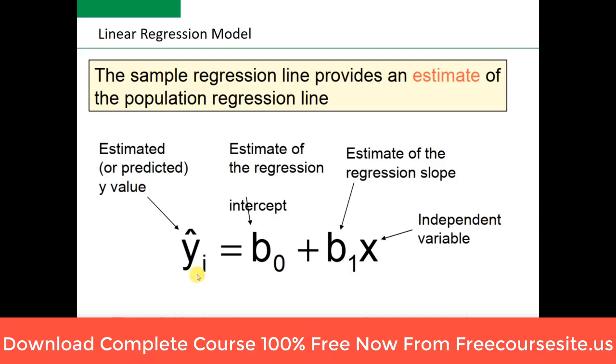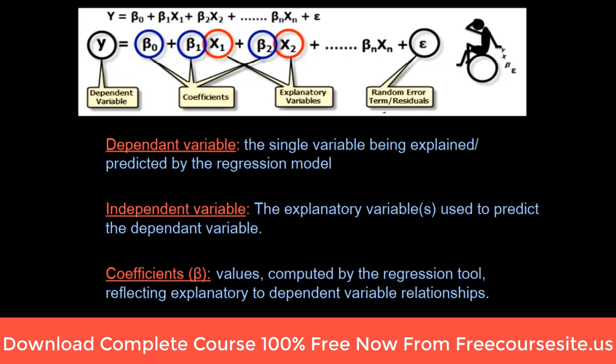Changing b, the coefficient, impacts the slope of the line, while changing the intercept b0 lets one move the line up and down the y-axis. A multiple linear regression model, as you can see on this slide, looks like this.